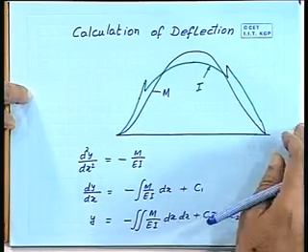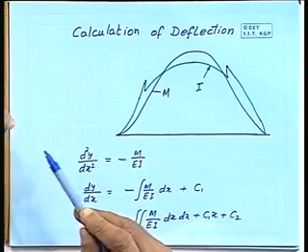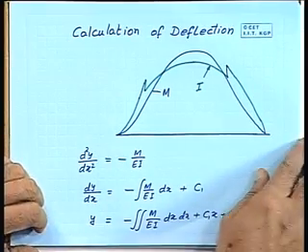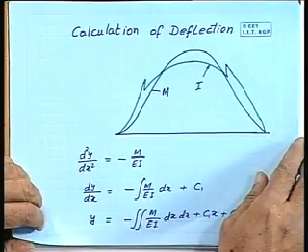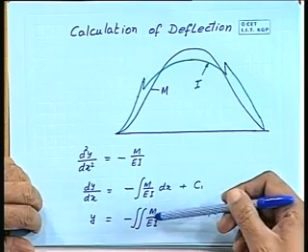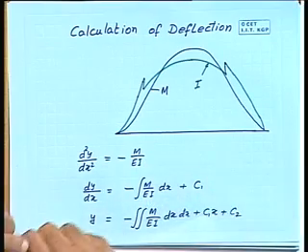Now, C1 and C2 are two constants of integration, and they have to be evaluated by considering the end conditions. Now, what we find is that we have to integrate the M by EI curve.